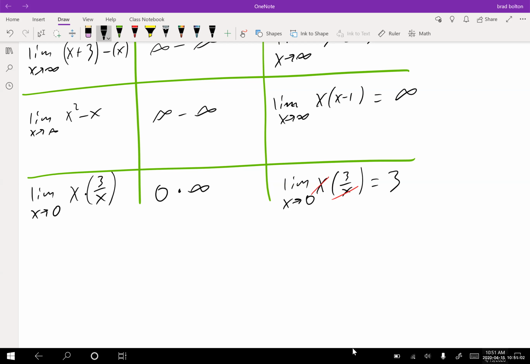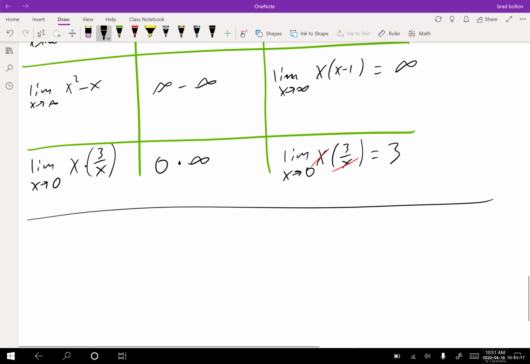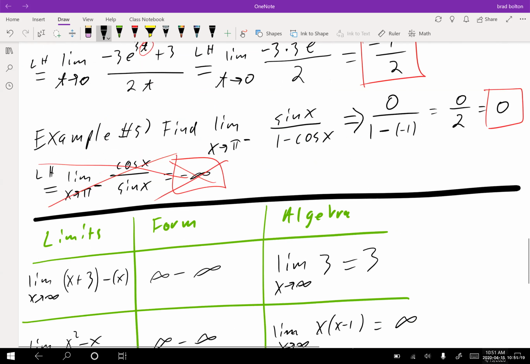So we know how to do infinity minus infinity, or infinity times 0, or 0 times infinity, but what if these nice little simplifications don't work? Let's take a look at, I believe, example 6.